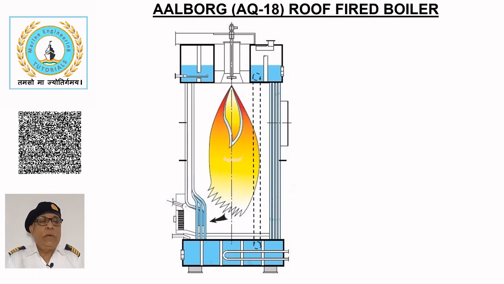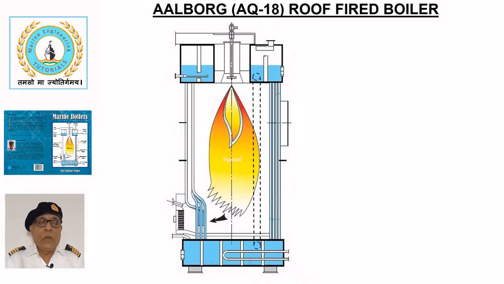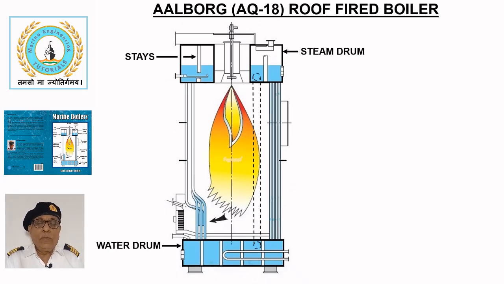Aalborg AQ-18 roof-fired boiler. This sketch shows the Aalborg AQ-18 roof-fired boiler, which is very suitable for conventional oil tankers. This vertical tank-type boiler has two cylindrical drums with flat end plates held together by vertical solid stays.